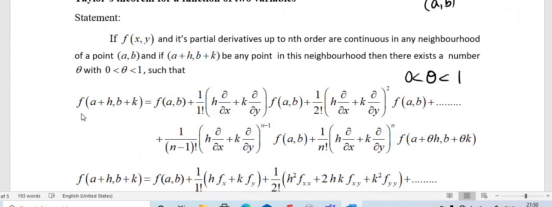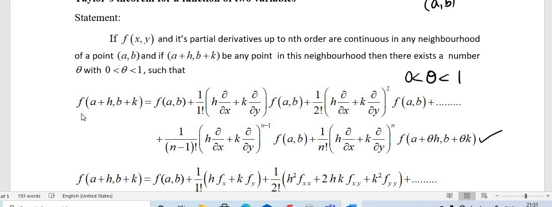f of a plus h comma b plus k equal to f of a comma b plus 1 by 1 factorial (h into dou by dou x plus k into dou by dou y) f of a comma b plus 1 by 2 factorial (h into dou by dou x plus k into dou by dou y) whole square f of a comma b plus dash dash plus 1 by n minus 1 factorial (h into dou by dou x plus k into dou by dou y) power n minus 1 f of a comma b plus 1 by n factorial (h into dou by dou x plus k into dou by dou y) whole power n f of a plus theta h comma b plus theta k.